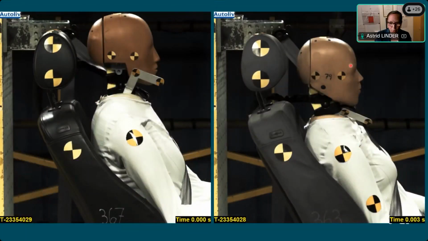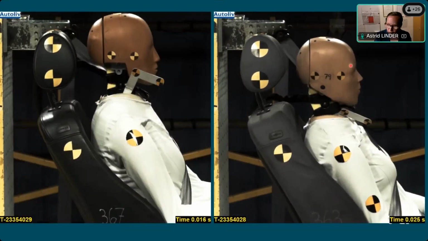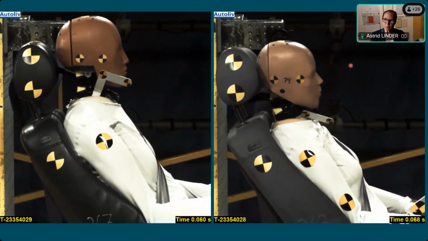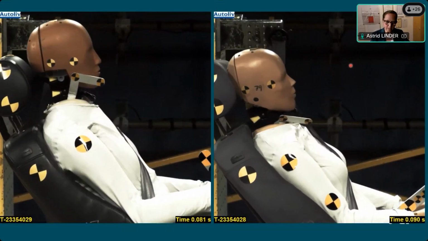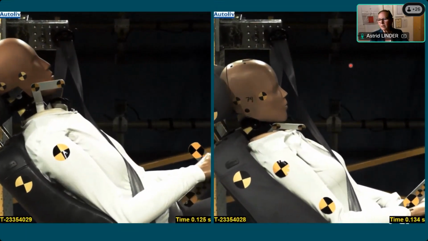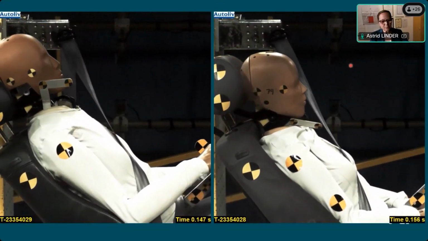I can just show you, I hope this goes through. This is in the Audi seat, which deforms much more than the Saab seat. And for the male, it's something that I have seen before.